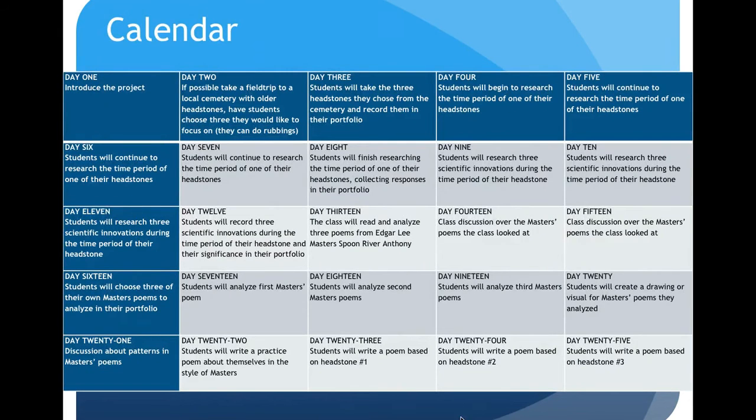What that looks like on a calendar here is taking exactly what we had before and working backwards. So we're starting on day 25, where they're writing their 3rd poem. Okay, here's their 2nd poem, here's their 1st poem. Here they're going to write a practice poem. Here they're going to create the visual, and it works backwards until we get to the very beginning where I introduce the project.